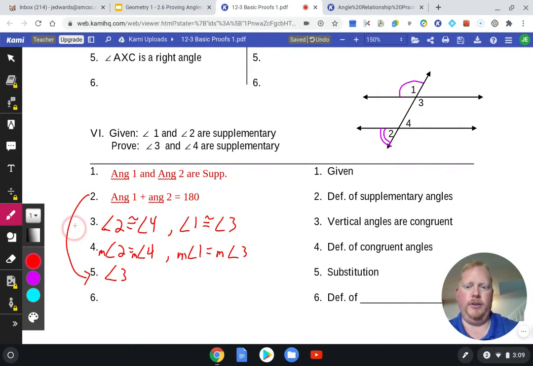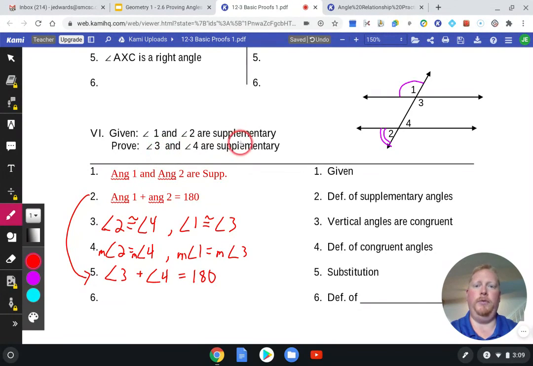And here where I have angle 2, I know that angle 4 is just as good as angle 2, so I'm going to go ahead and put that in there. And then bring down the equals 180. And the reason I know to do that is because of substitution. If I take something out and put something just as good in, substitution property. So now I've got angle 3 plus angle 4 equals 180.